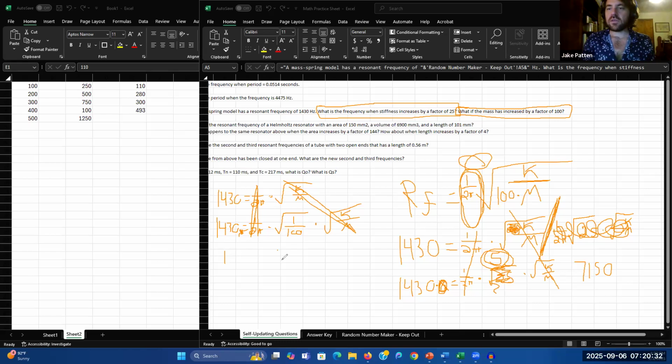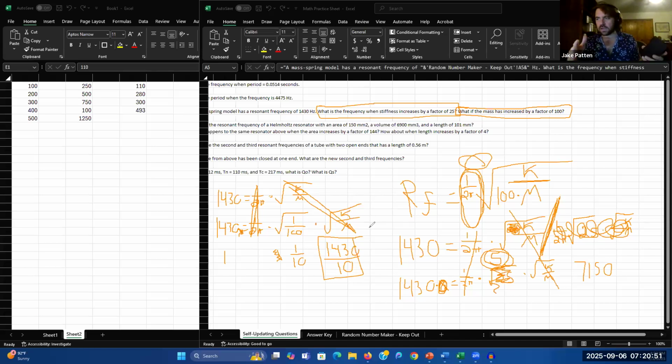So this ends up being 1 over 10. And if you multiply this by 1430, it's just 1430 divided by 10, which is 143.